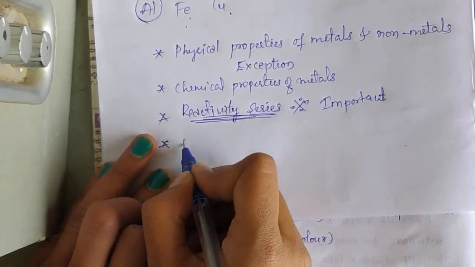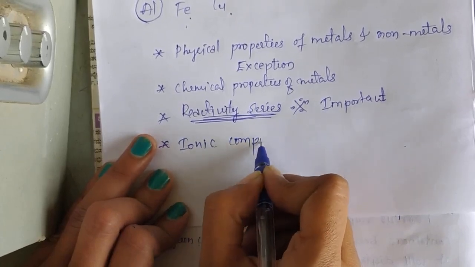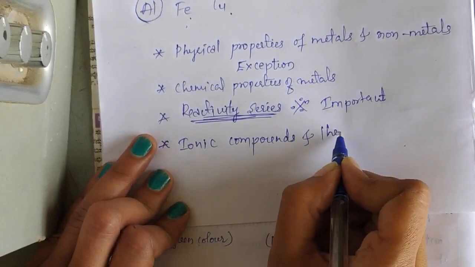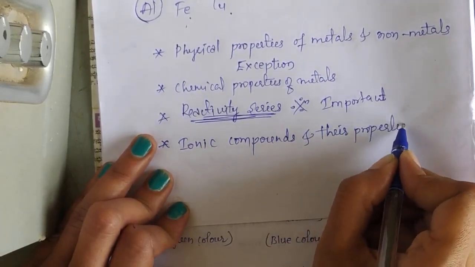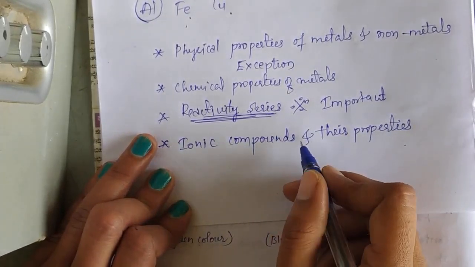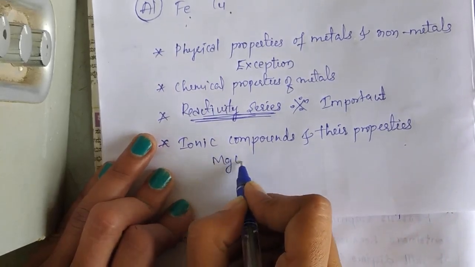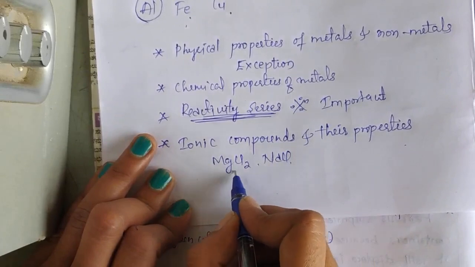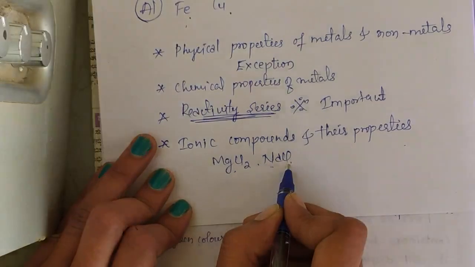And next comes ionic compounds. Ionic compounds and their properties are also very important. From this concept they may ask how magnesium chloride and sodium chloride are formed by the complete transfer of electrons.